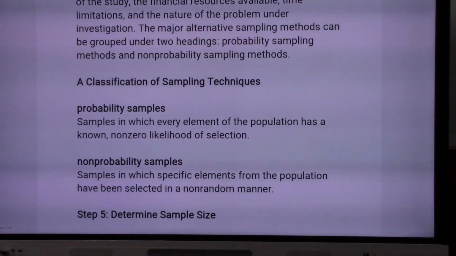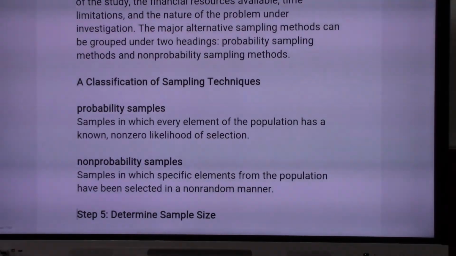In this category of sampling, we select sample elements randomly from the whole population.